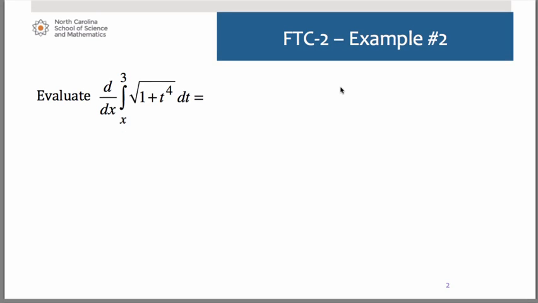In this one, we are taking the derivative of the integral from x to 3 of square root of 1 plus t to the fourth dt. Remember that requirement, though, that the lower limit of integration be numerical. And that's where we have a problem with this first. So what we need to do is rewrite this so that the lower limit of integration is the 3.